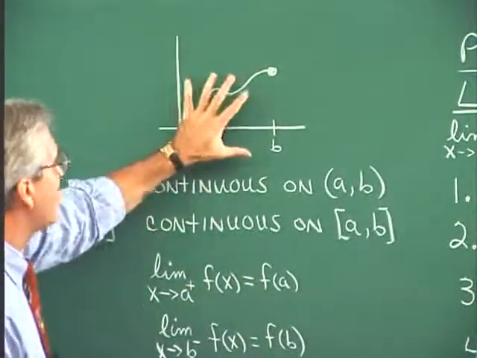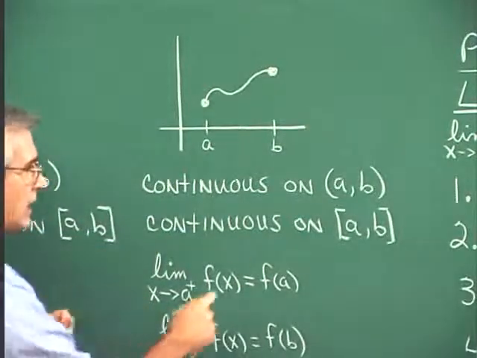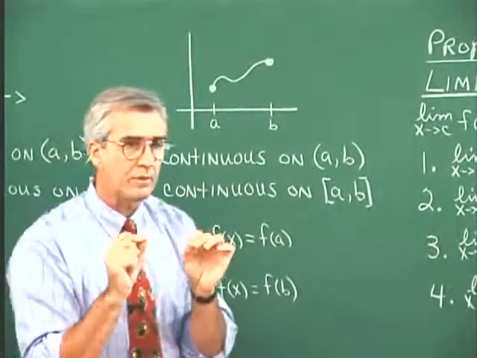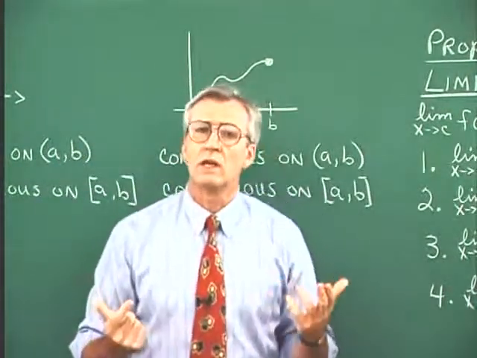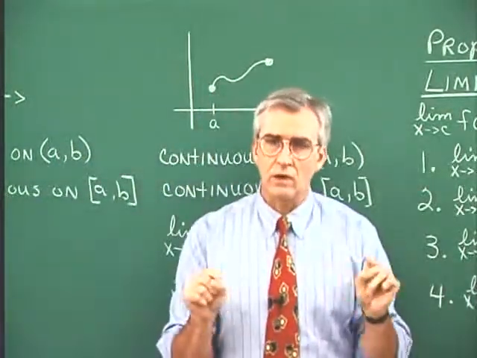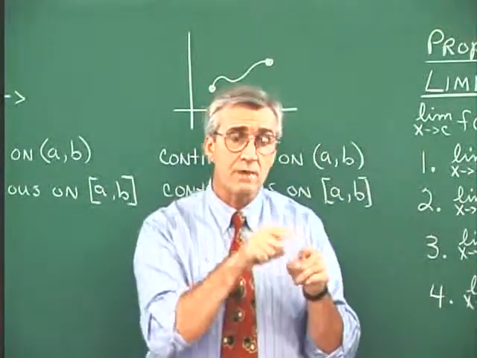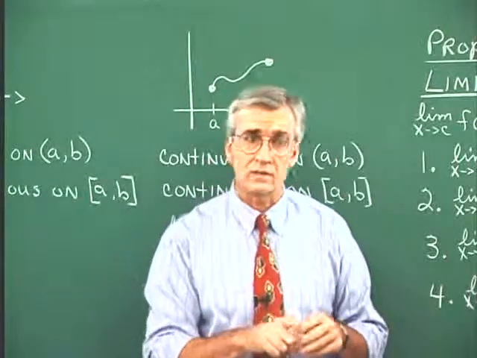Now, for us to have continuity on a closed interval, we have to be talking about what happens at the endpoints, and that's what really is important. Whenever you're talking about a closed interval condition, examine the endpoints, and that's where the trick is.